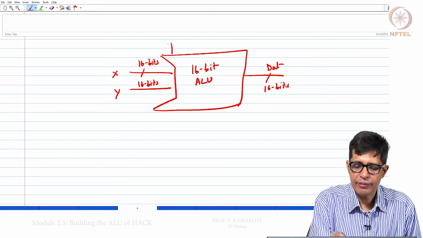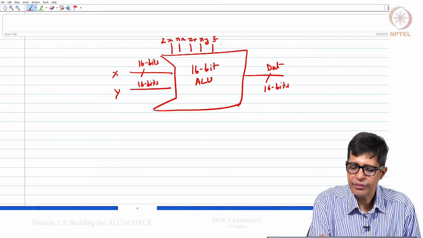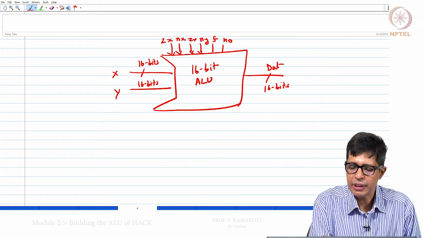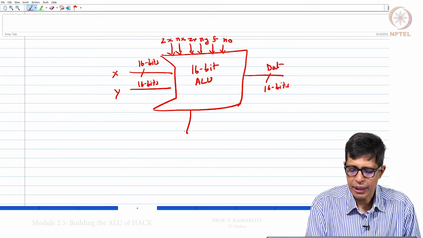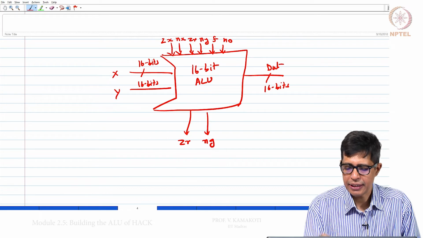Then I have ZX, NX, ZY, NY, F, NO, those 6 control inputs that we had discussed in the previous slide, and of course ZR and NG.